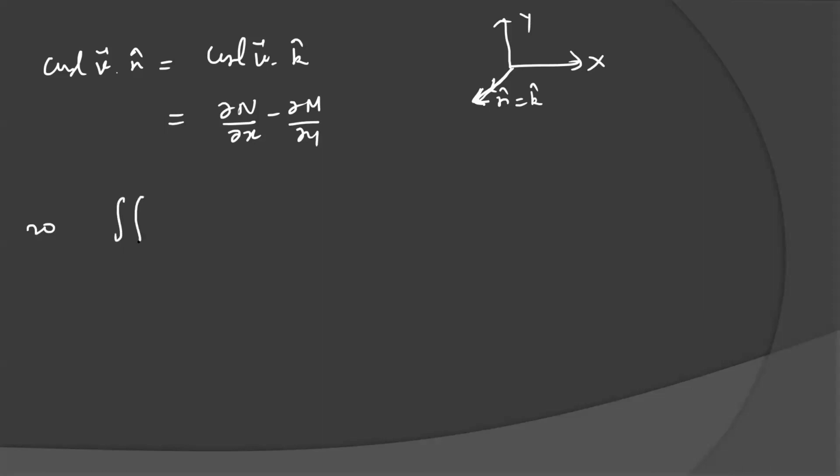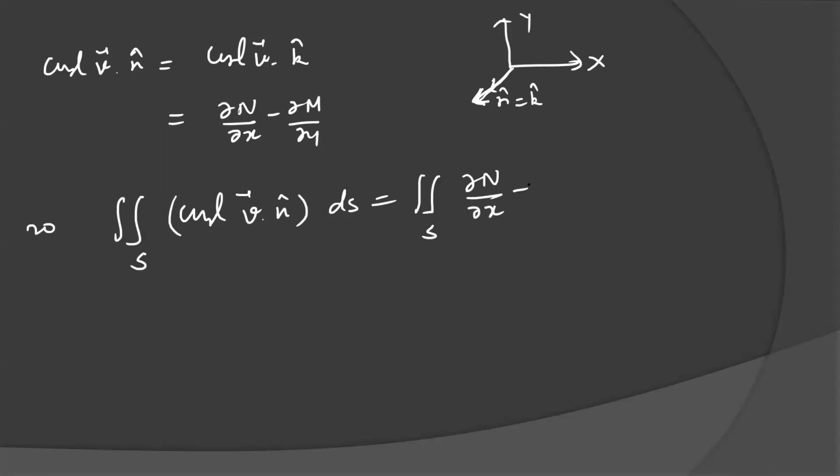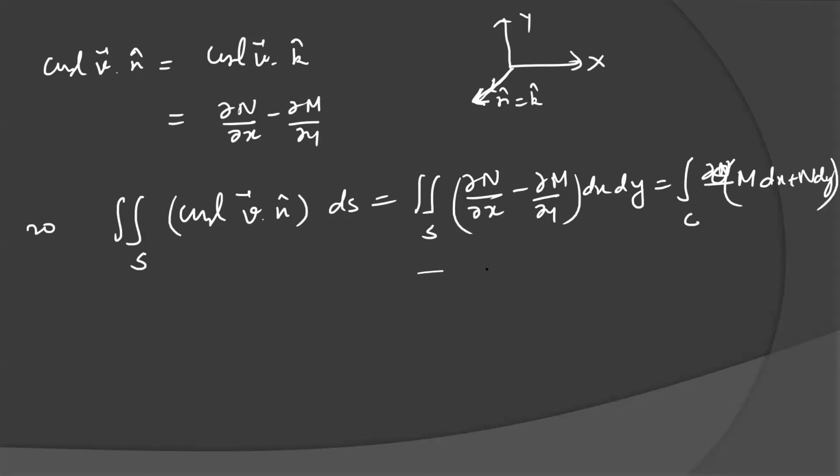So if you apply the Stokes theorem, it will be curl V into n cap ds is equal to del n over del x minus del m over del y dx dy. And it was equal to the line integral m dx plus n dy. So this was the statement of Green actually. So in two-dimensional, Green's theorem is a special case of Stokes theorem.